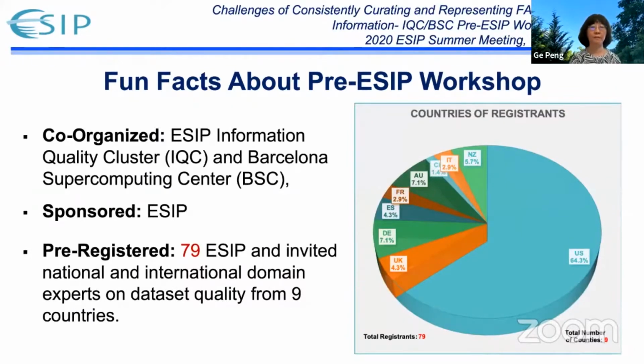We have 79 pre-registered from the ESIP community and invited national and international domain experts on dataset quality from 9 countries. The majority of the registered are from the US, as you can see from this chart.